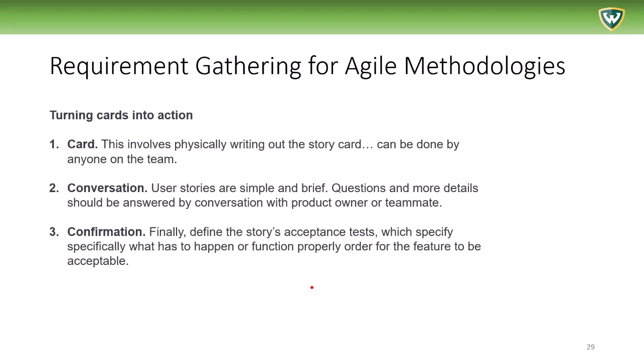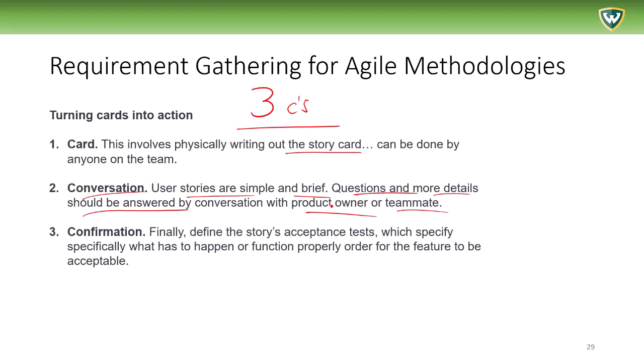So there's this kind of idea of the three C's. The card involves physically writing out the story card, as we just viewed, which can be done by anyone on the team. There's a conversation. So user stories are simple and brief, but then questions and more details should be answered by conversation with the product owner or the teammate.